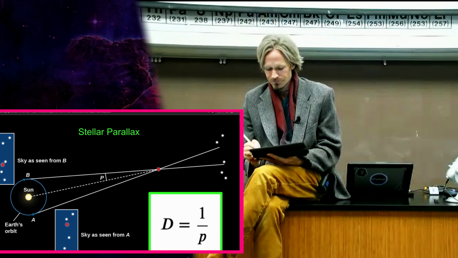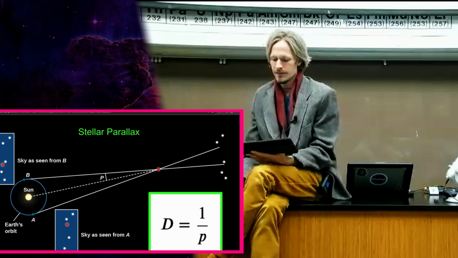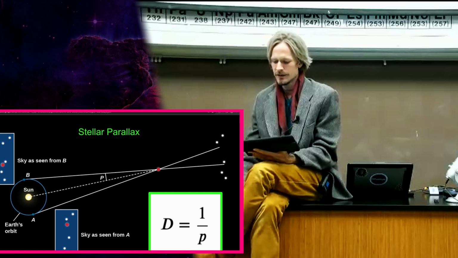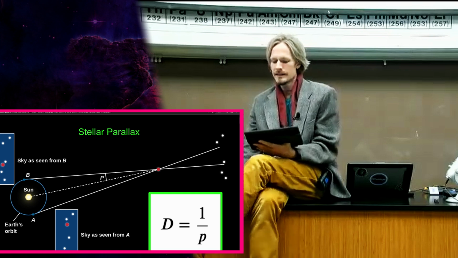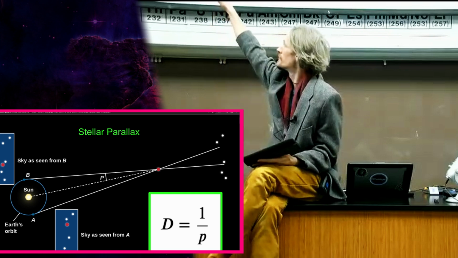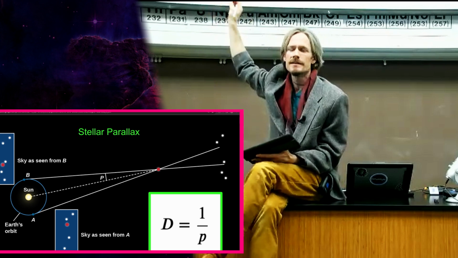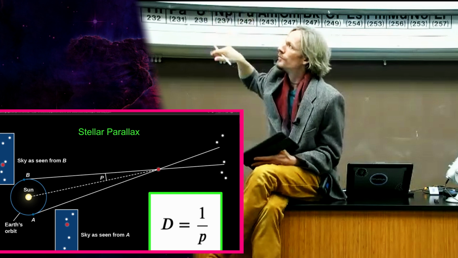So 1 over that angle, that parallax separation angle, assuming the baseline of 1 astronomical unit, so that's half the total baseline, right? We need to set up right angle triangles.